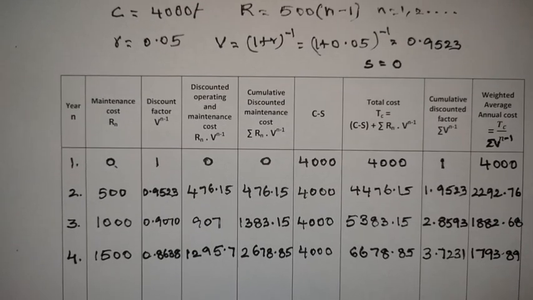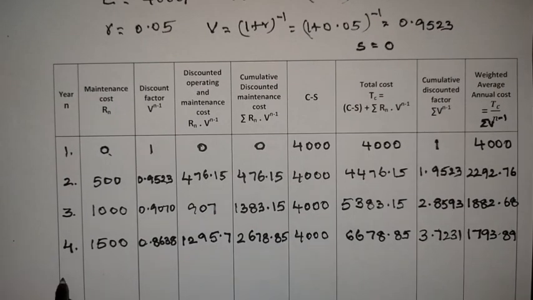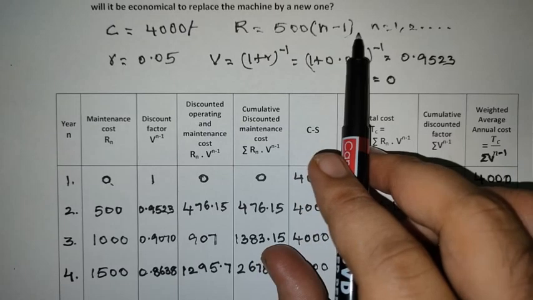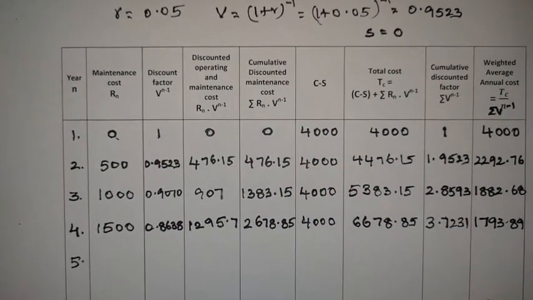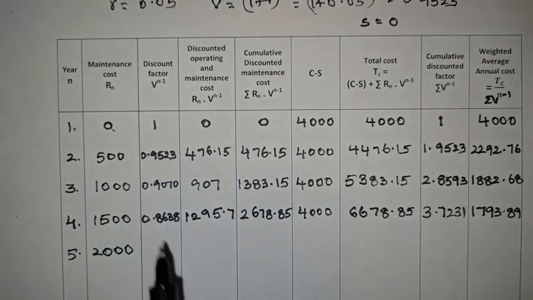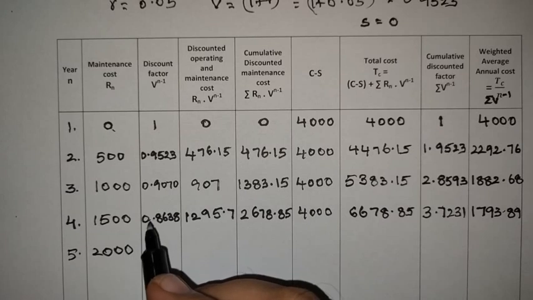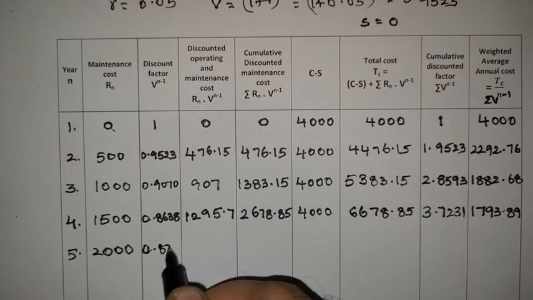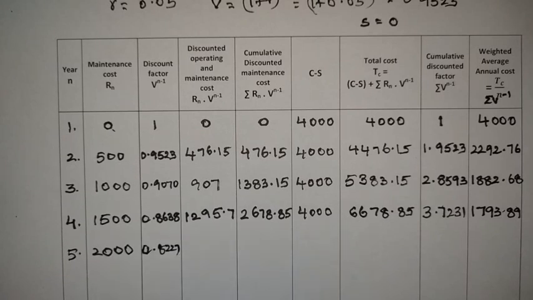Now I am going to the fifth year. The maintenance cost is 500 into 5 minus 1, which gives 2,000. V power 5 minus 1, V power 4, gives 0.8227.